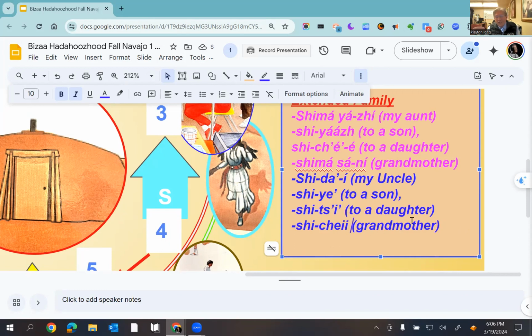We just say shiche, my grandfather. All right, but for grandma, it's my older mother and grandfather. All right, we might use it today. We'll see. All right, so let's go back to the other part.